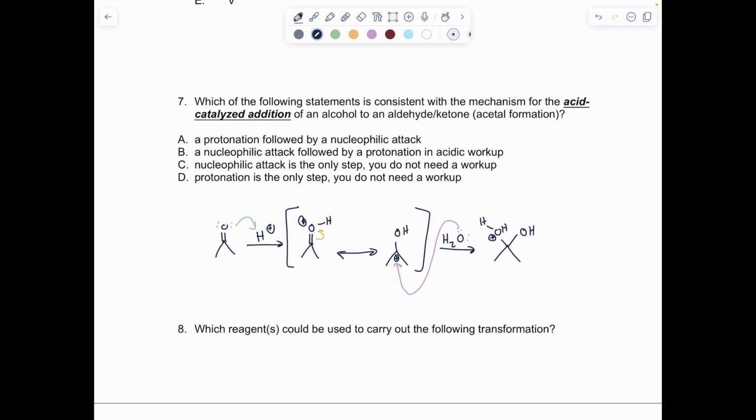And then we can have one more base workup step to deprotonate the OH2 group. So I'm going to just show a base. It's likely just another water or something in solution that's able to use its electrons to deprotonate, forming our final product, which is the acetal.